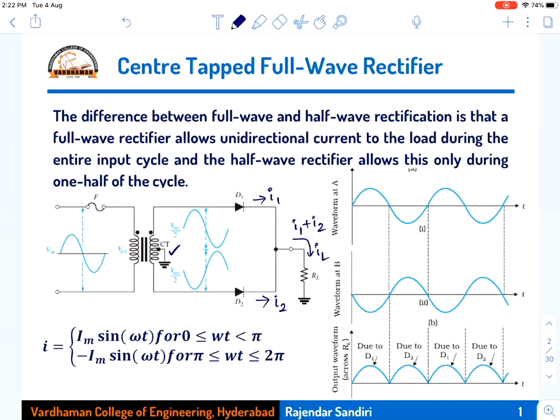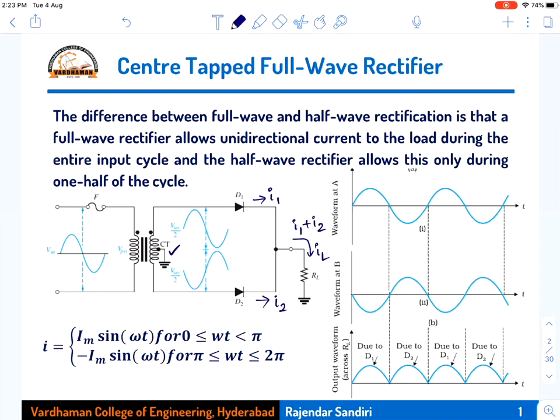So for the positive half cycle, 0 to pi, what happens? Diode D1 conducts, D2 is off, D1 is on. Then the current I1 will flow, so that the output current is nothing but the current that is flowing in the diode D1. Therefore, the first half cycle will conduct.